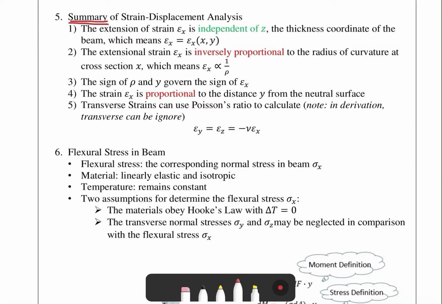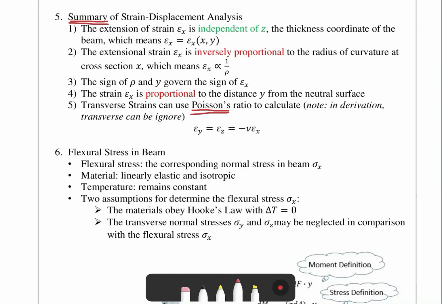When we try to derive the normal strain in the axial loading direction, it will ignore the deformation. However, the transverse strains actually can be obtained by using the Poisson's ratio here. But it will be very small, right? It can be ignored.